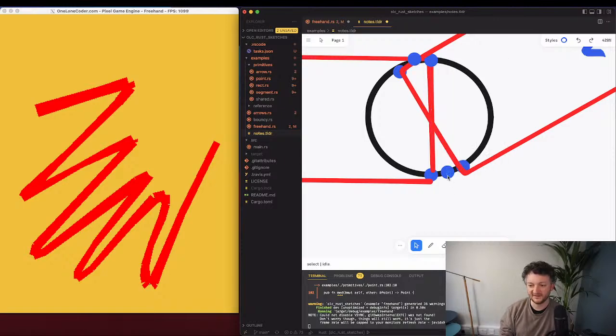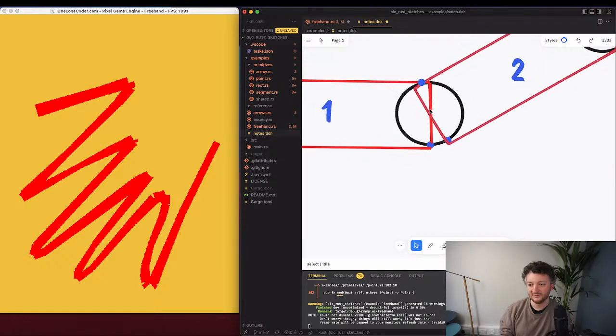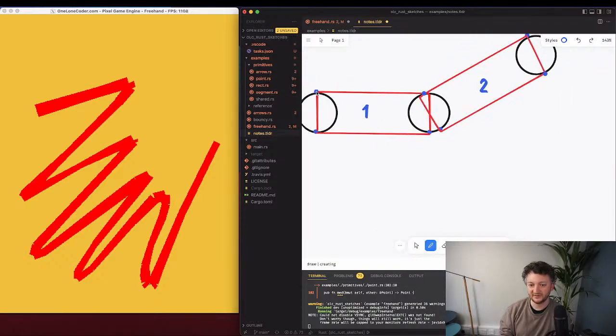Yeah, something like that. I suppose we could also, now that I'm looking at it, find the midpoint of both of them, because this is also the midpoint of these two. Maybe that's easier.